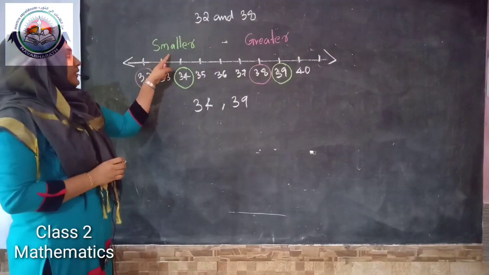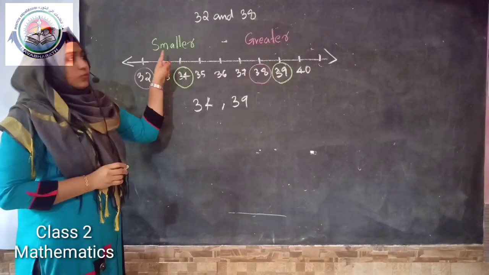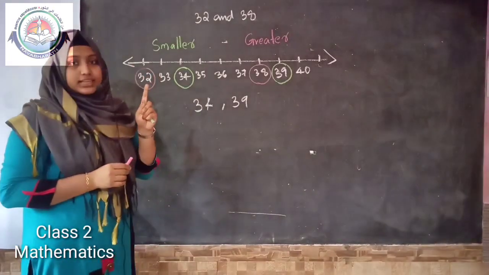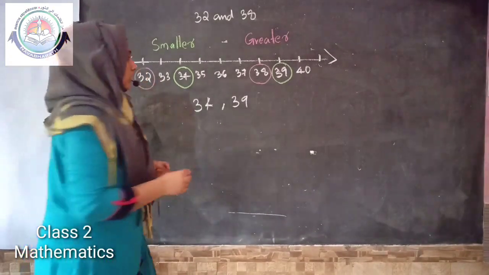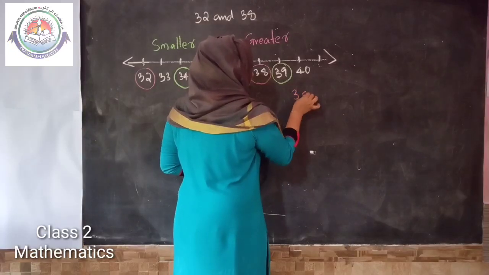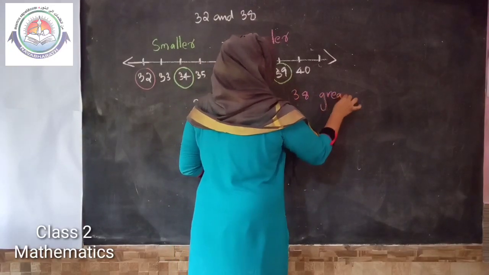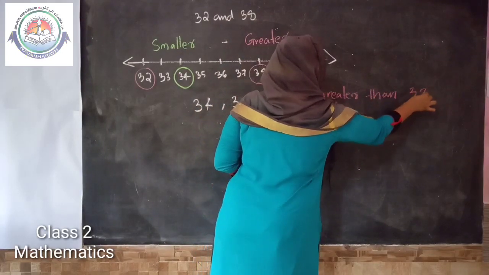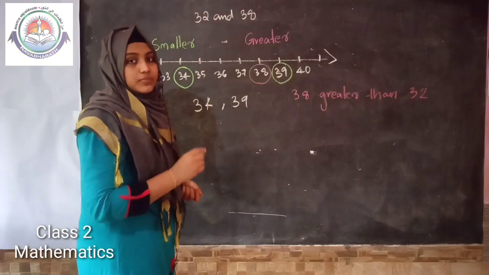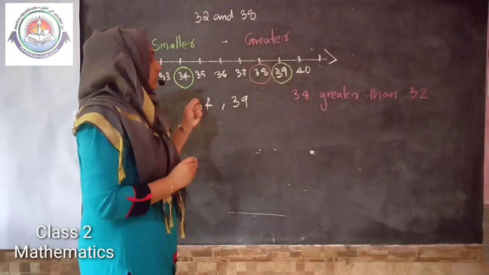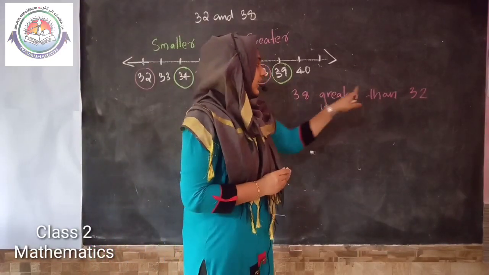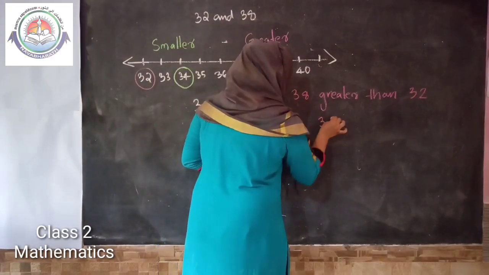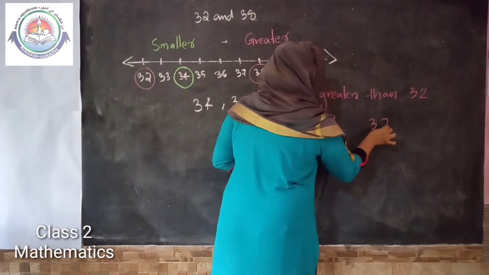So instead of writing in words, we can use symbols. Here 38 is greater than 32. So 38 is greater than 32. Here we use a symbol to represent the word greater than. 38 and 32.